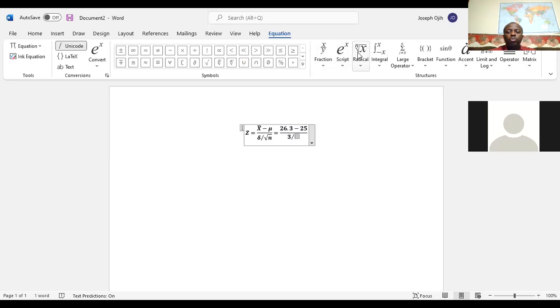Since n is 20, it will be the square root of 20.